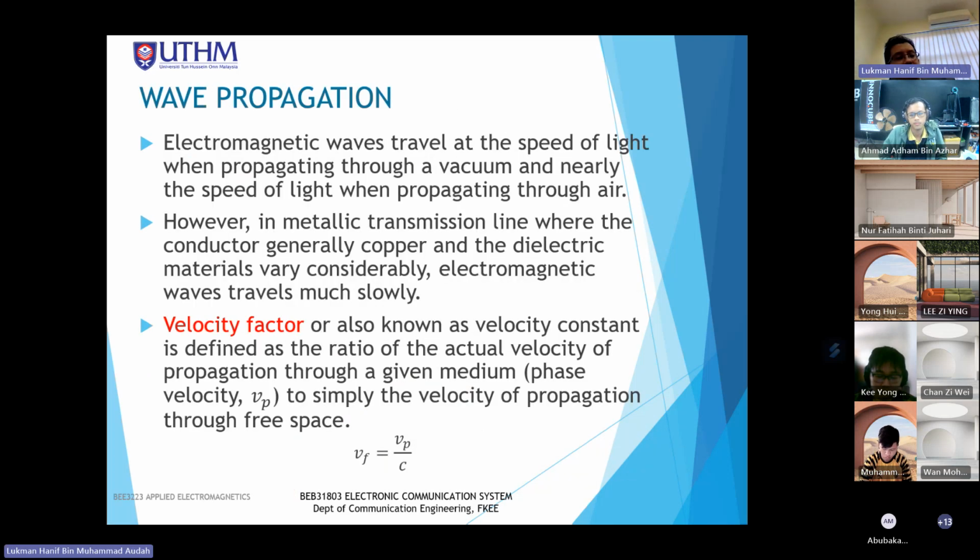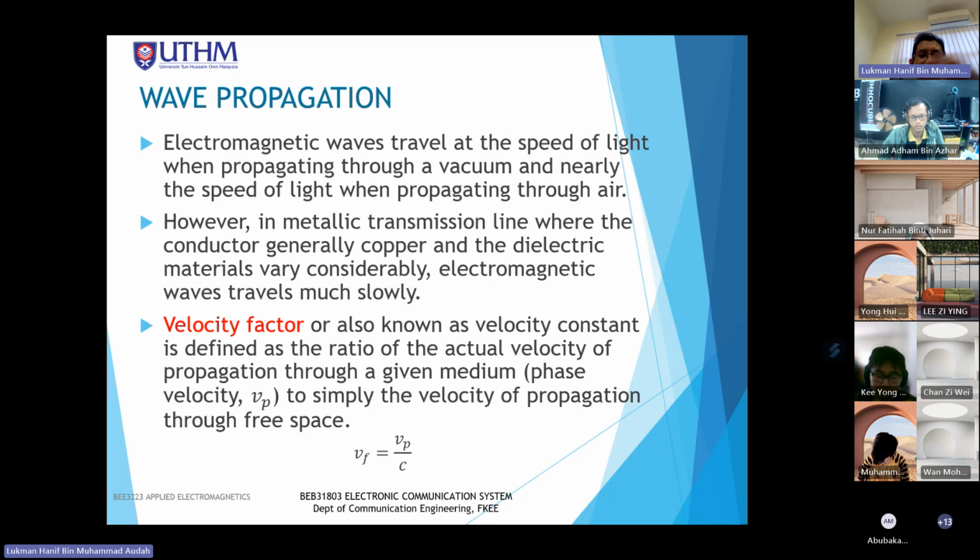The other wave propagation parameter is the velocity factor, also known as the velocity constant, defined as the ratio of the actual velocity of propagation through the given medium divided by the speed of light.